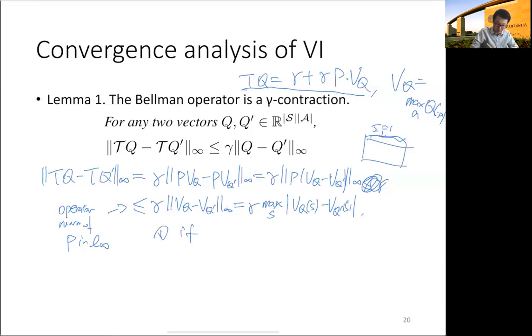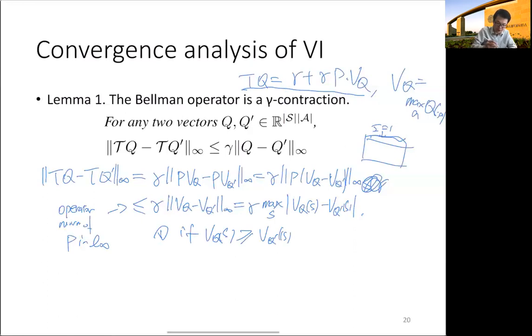Discuss if VQ of S is larger than or equal to VQ prime of S, then we can get rid of this absolute value, right?